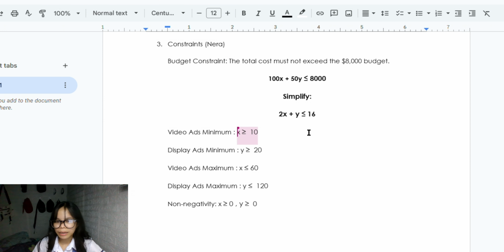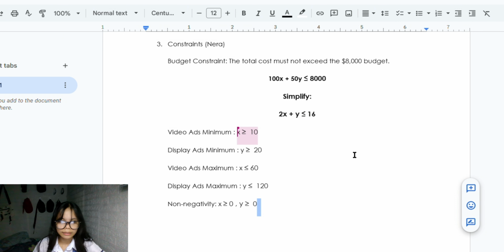So the video ads maximum is the campaign cannot exceed an inventory limit of 60,000 video ads. So here the mathematical expression is x is less than or equal to 60.